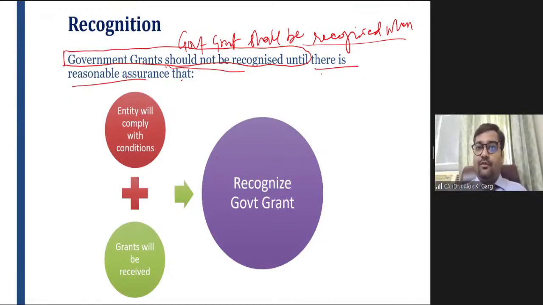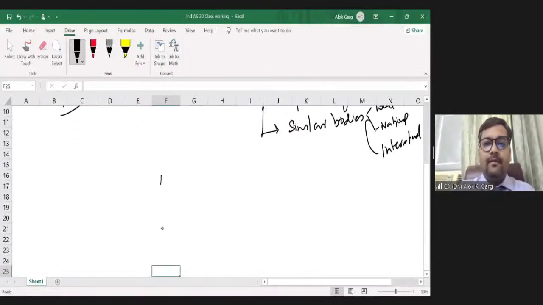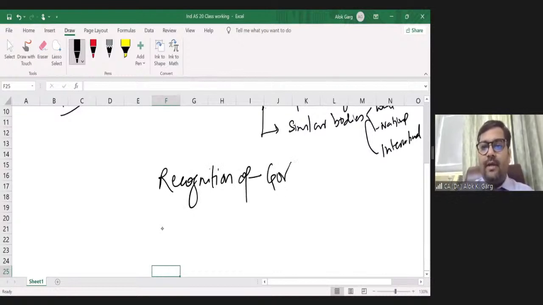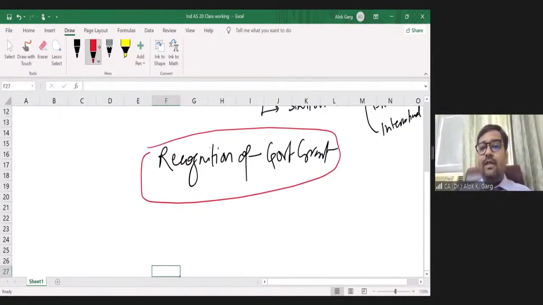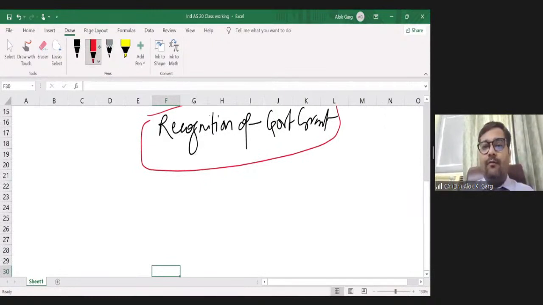So what are the two conditions for recognition of a government grant? When is the government grant going to be recognized? When there is a reasonable assurance.